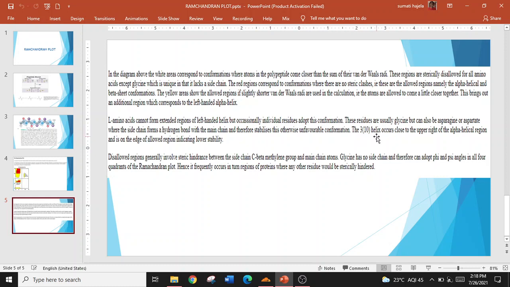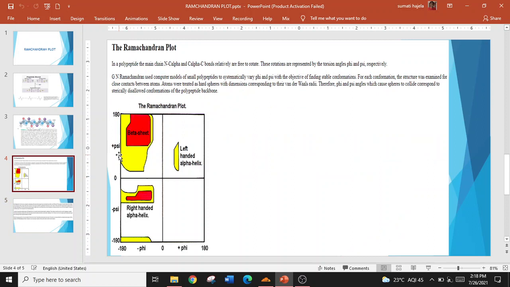The three helixes occur close to upper right of alpha helical region and is on the edge of allowed region, indicating lower stability. Yellow region lower stability show कर रहा है जहाँ की left handed helix possible है at the given phi and psi angles.